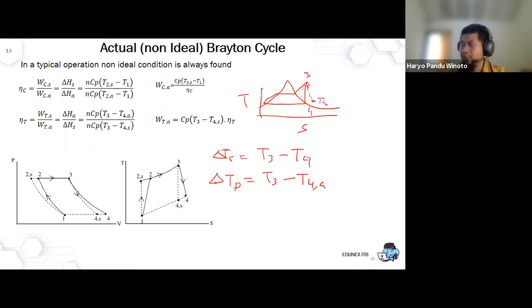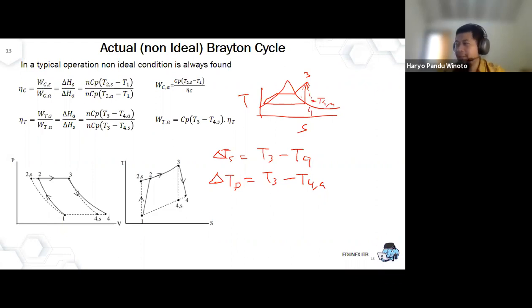So T4 actual. Instead of all energy being extracted as mechanical energy, when we have non-isentropic expansion, the energy extraction is not working well, not 100%.